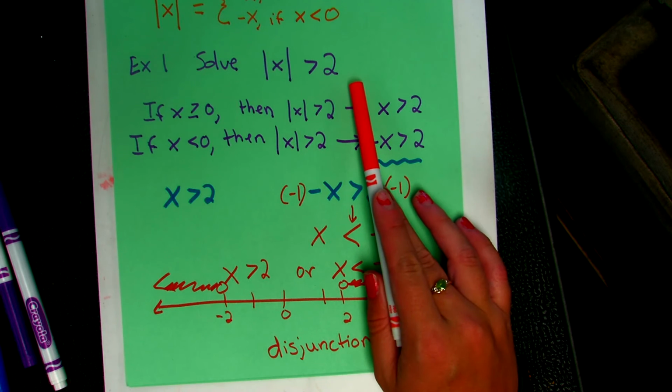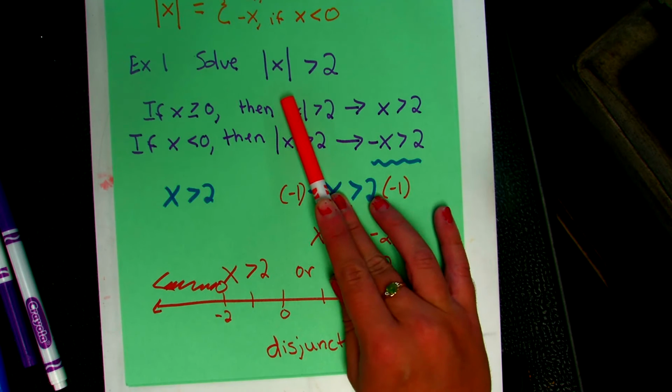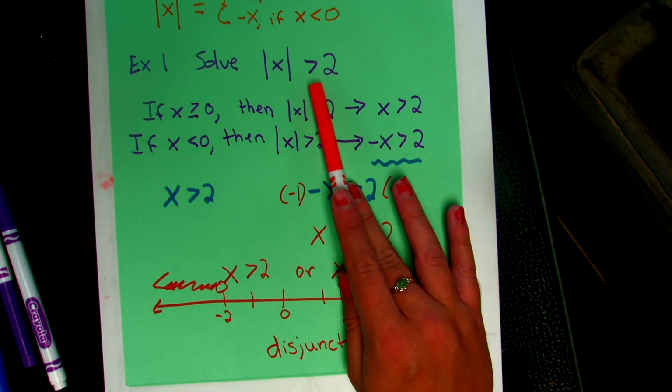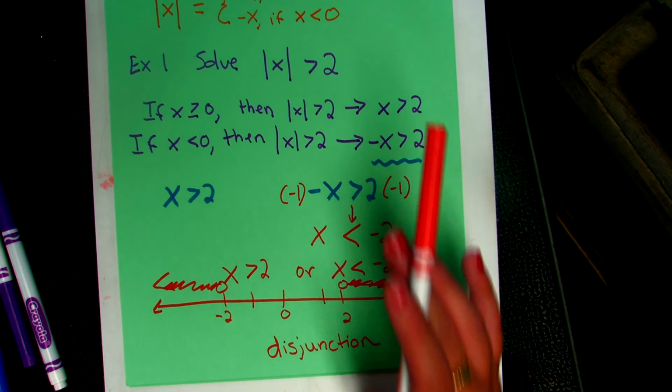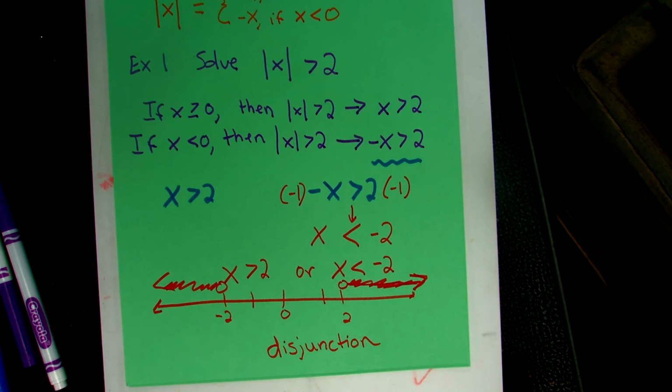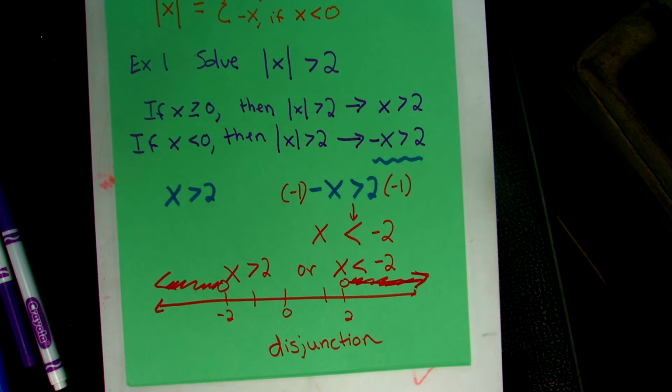That's saying that the distance of a number from 0 is more than 2 units. Okay, so that means it has to be more than 2 or less than negative 2. And so that makes it a disjunction since the number cannot be at both places at once. It can't be greater than 2 and less than negative 2 at the same time.